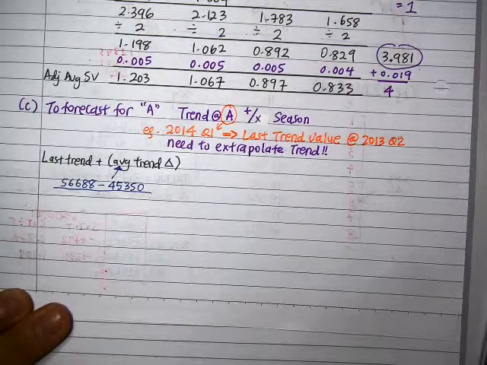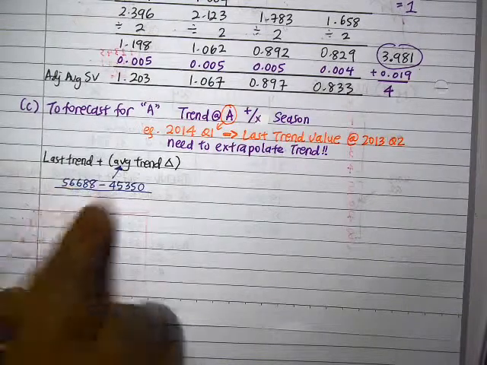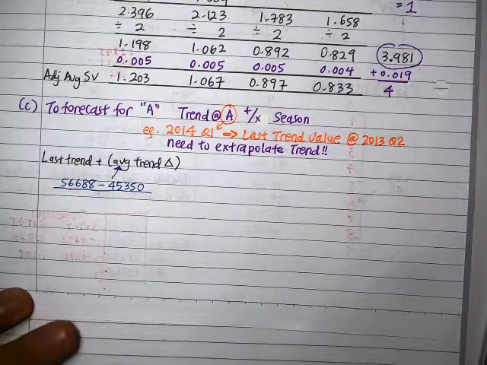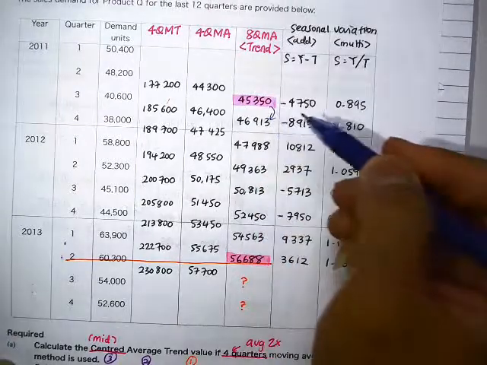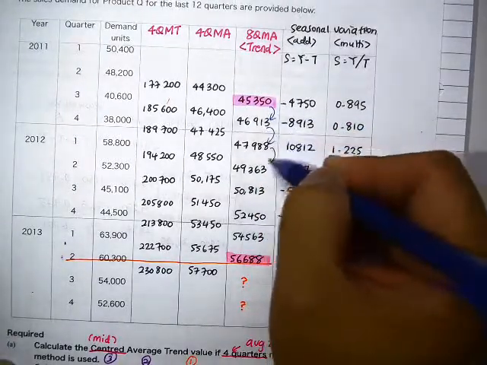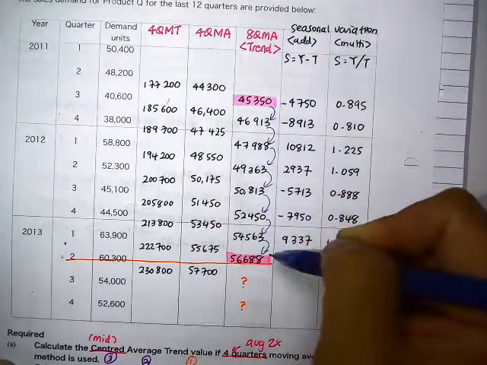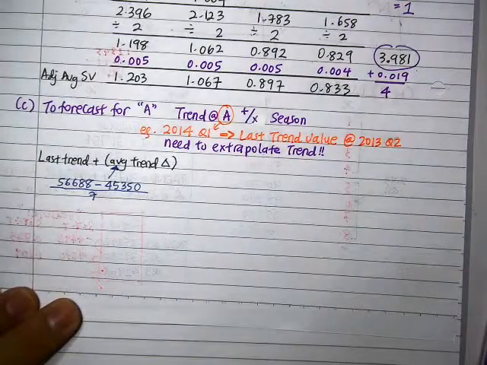The change either goes up or goes down. In this case, the trend is going up. That's why it's getting higher. But from the first one until the last one, how many trend moves have there been? Now, how to calculate? Like that is one time, no? Correct? 1, 2, 3, 4, 5, 6, 7. Now, divide by 7.